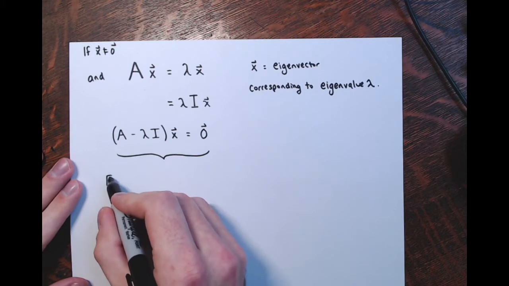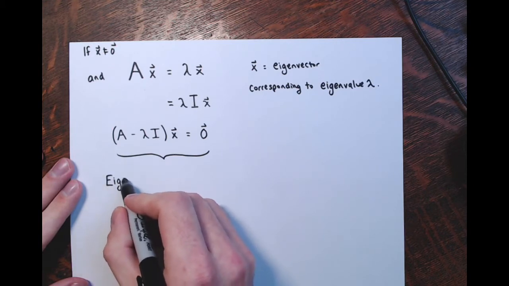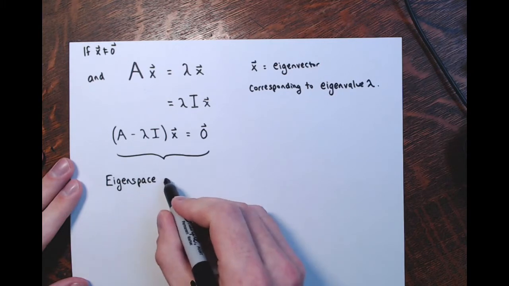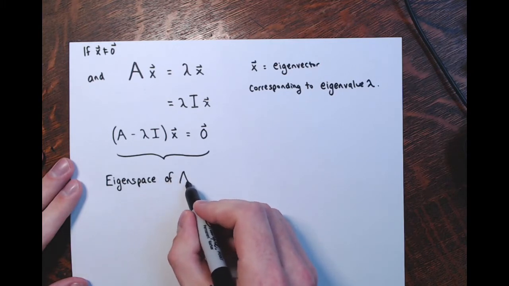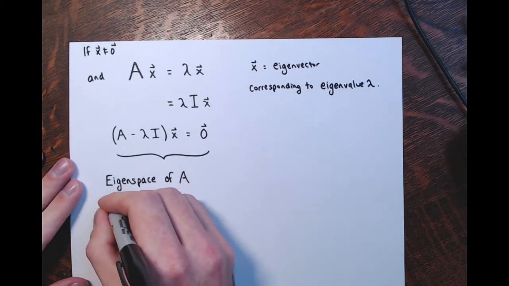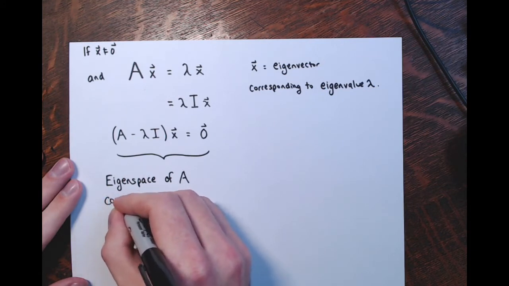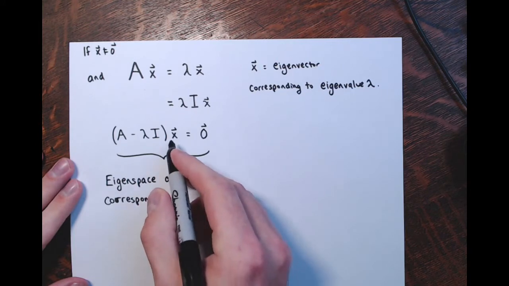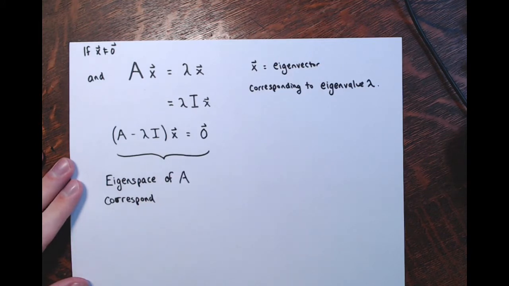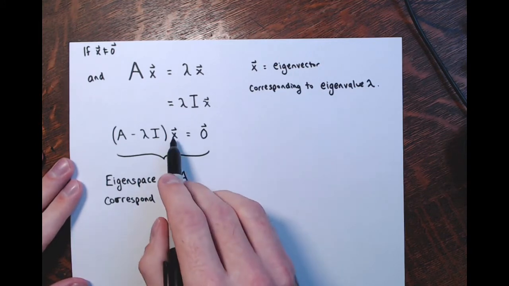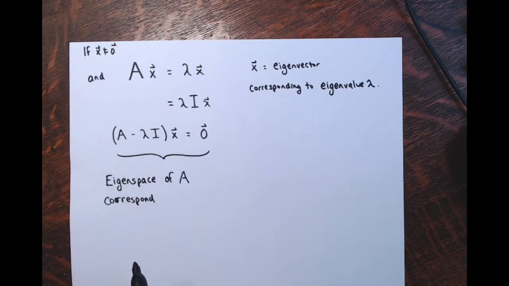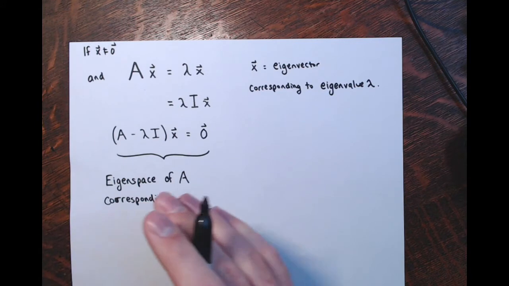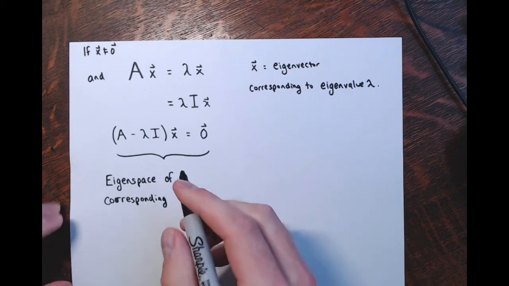The eigenspace of matrix A corresponding to eigenvalue lambda is just the set of all the solutions to this equation. Again, even the 0 vector belongs to these eigenspaces, right? So it's again the 0 vector and all the eigenvectors.